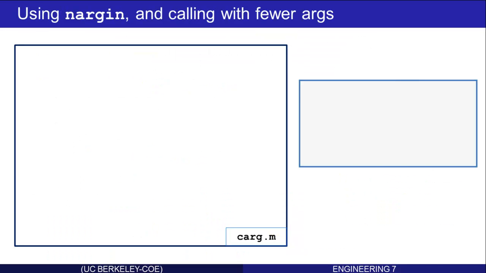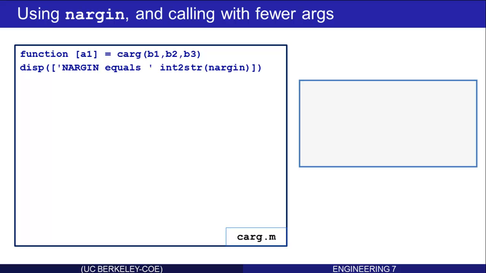Let's test out our understanding of nargin and the behavior of Matlab when functions are called with fewer input arguments than are defined in the function declaration line. Here's a function called carg with 3 input arguments and 1 output argument on the function declaration line. The first line displays a string with the number of input arguments as obtained from nargin.